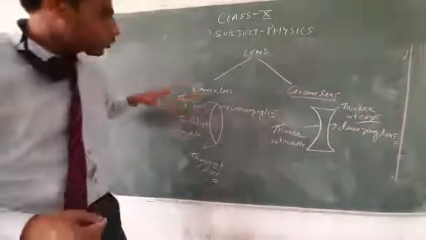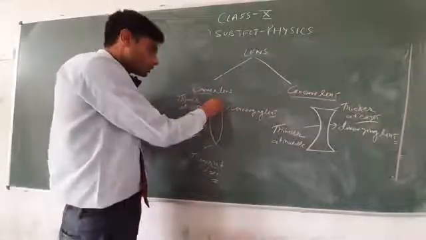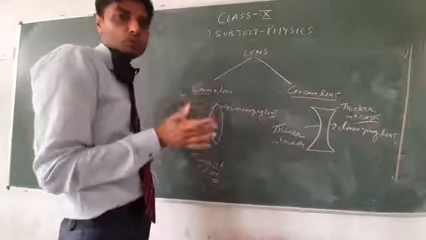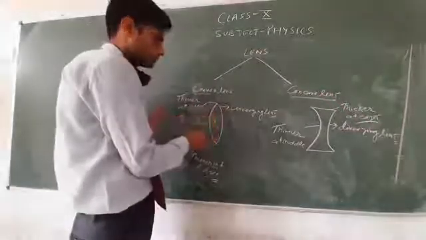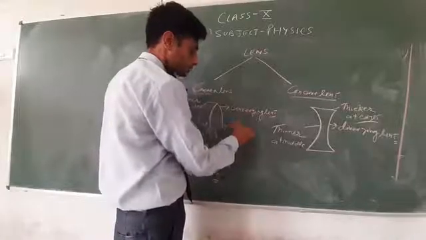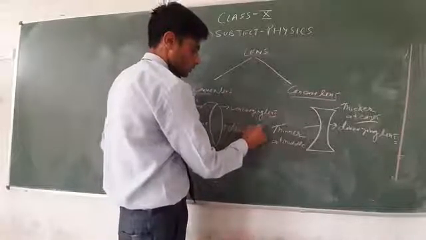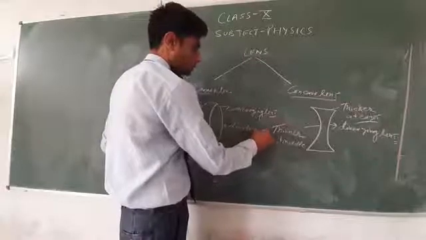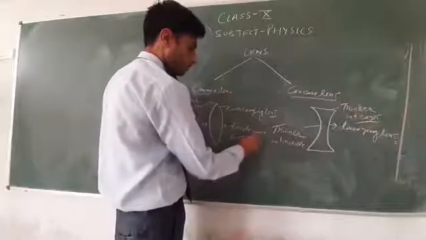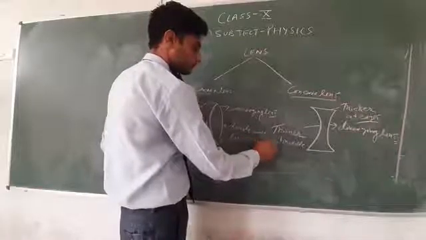If the convex lens is bounded by two curved surfaces, then it is known as a double convex lens or biconvex lens.